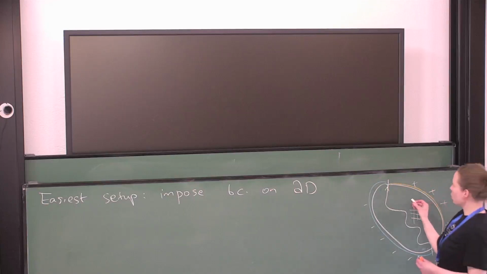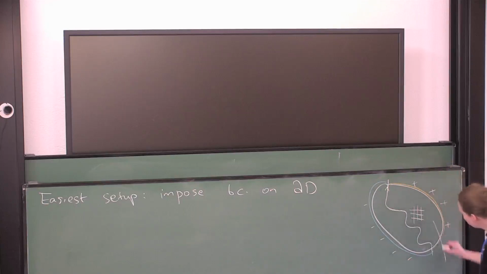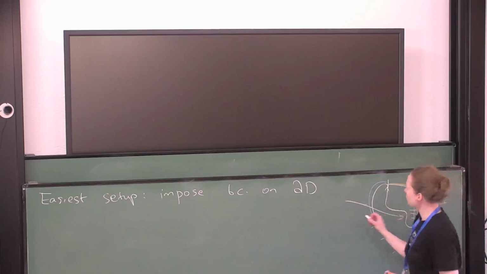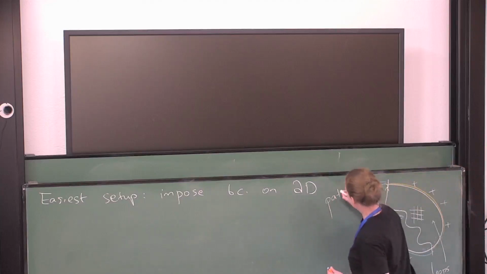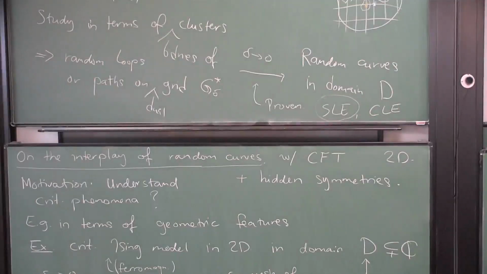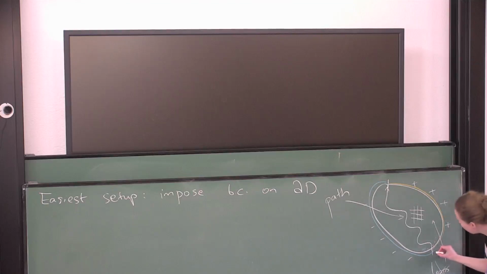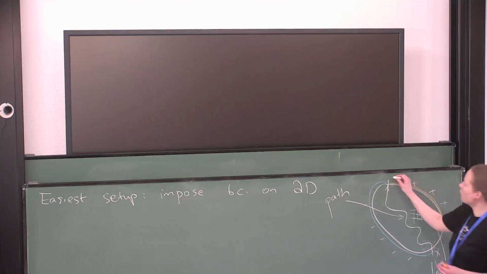So here are also some loops. And here is a path, right? And I'm just going to forget about the loops, because it's harder to describe where they are, at least for now. But I always know that there's at least this kind of path, right? If I impose this boundary condition. And let me denote these points by x and y.